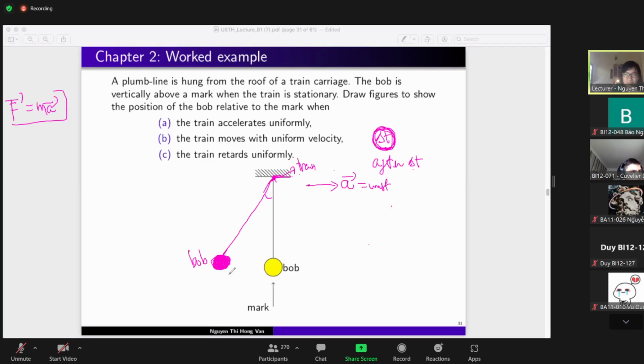It might change, but it will still stay on the left. Stay on the left, but may change. Possibly. If, for example, the train was at 100 kilometers per hour, and at delta t, for example at 1 second, it goes from 100 to 200, then the ball will change even more to the left.